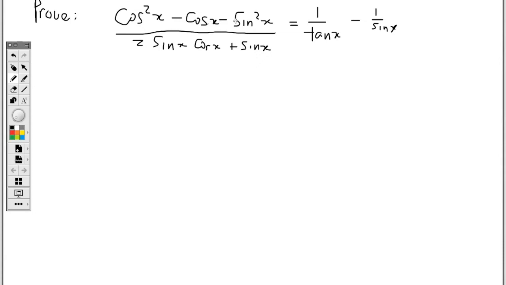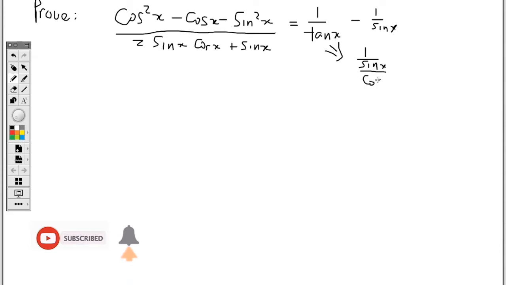Here I have the left hand side that I will be proving it's the same as the right hand side, which is 1 over tan x minus 1 over sine x. Now I'm going to change this where the tan x can be rewritten in a different form. Tan x in the denominator is the same as sine x over cos x.